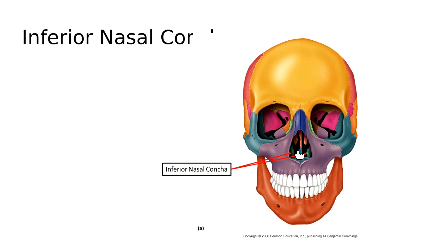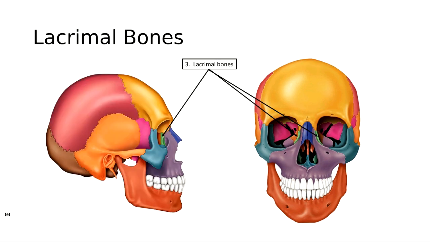So you can see the inferior very easily. You look on the inside of the orbit, and there's your lacrimal bones. See that little green one here? It's on both sides. There's a little indentation in it where your tears will, there's a little duct which carries tears down into your nasal cavity. But these are small ones called the lacrimal bones.